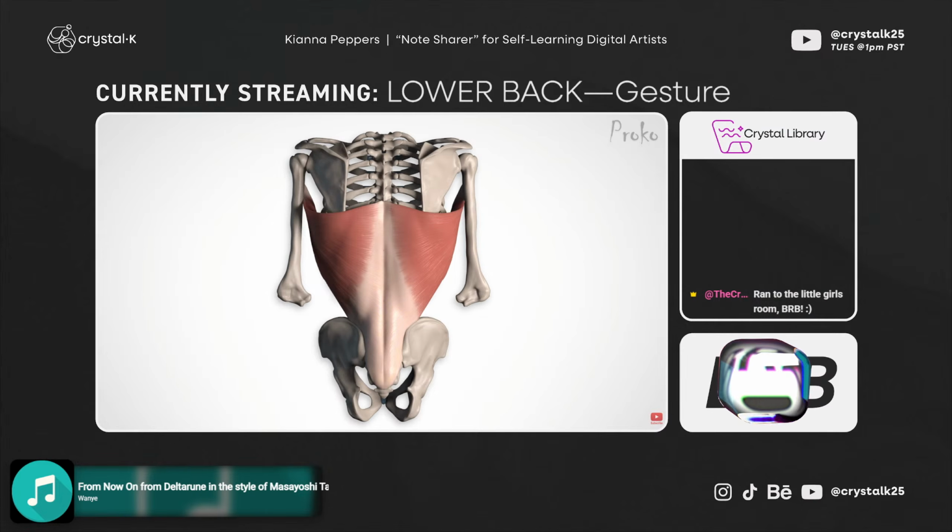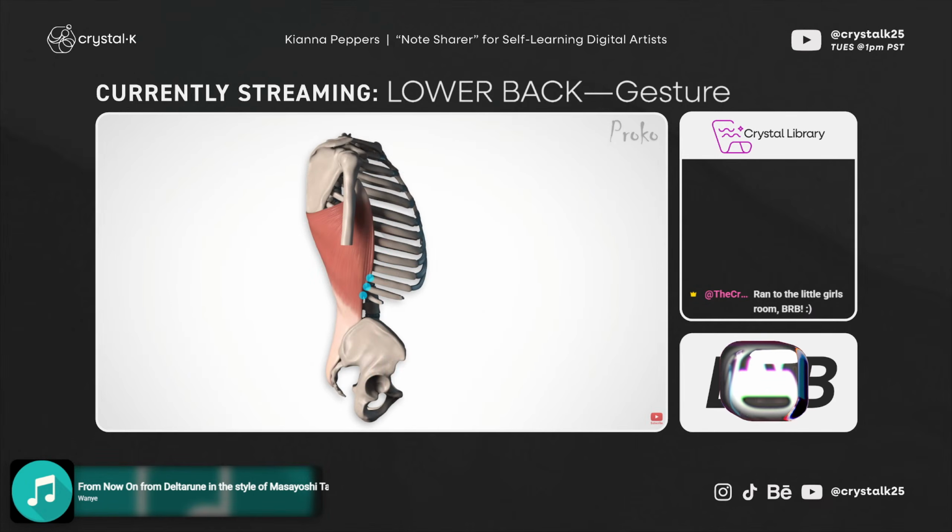Like the erector spinae, the latissimus dorsi originates from the sacrum, the posterior third of the iliac crest, and the lower vertebrae. However, the latissimus is larger than the erector spinae, so it has origin points all the way up through the lower 6 thoracic vertebrae, as well as these points on the lowest 3 ribs.